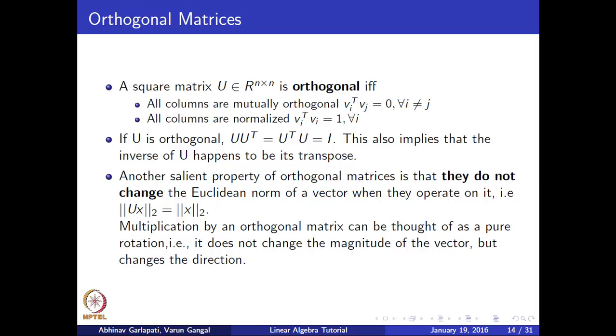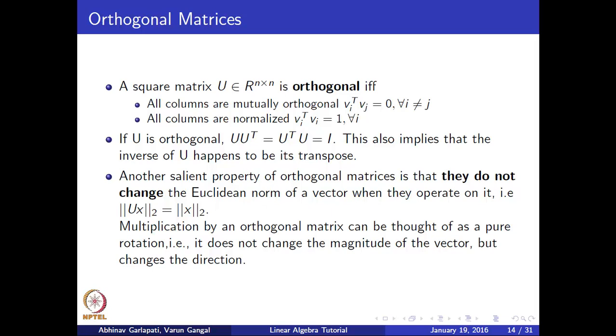An interesting implication of a matrix being orthogonal is that UU transpose and U transpose U both end up being equal to the n cross n identity matrix I. This also means that U transpose equals U inverse, or the transpose of such an orthogonal matrix is also its inverse.